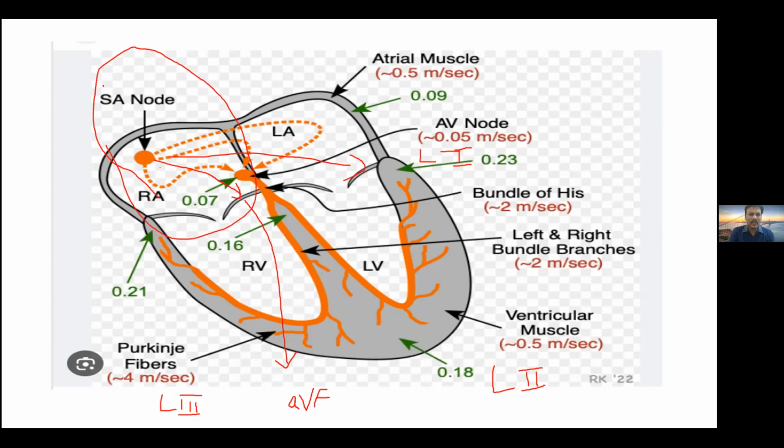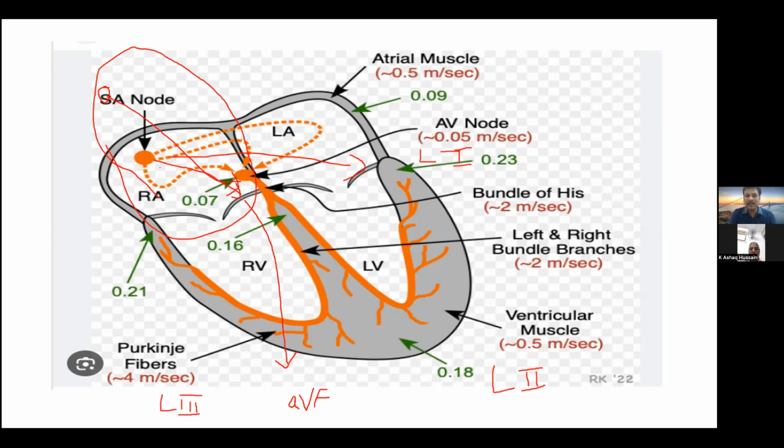So the SA node is located here now, and it takes a longer time to come to the AV node. When right atrial enlargement happens, the impulse takes a longer time to travel.